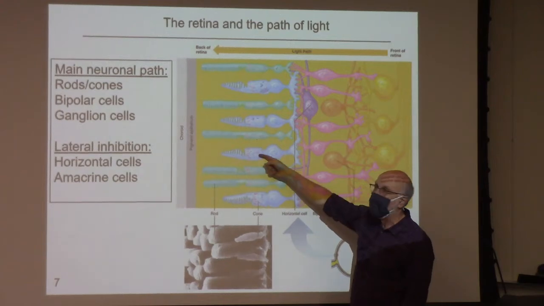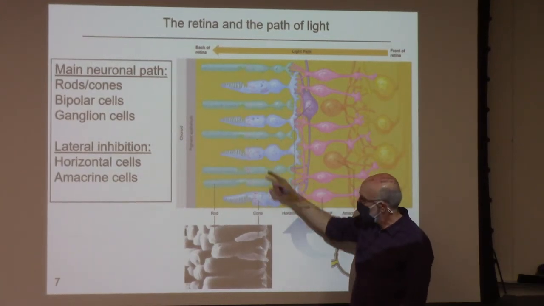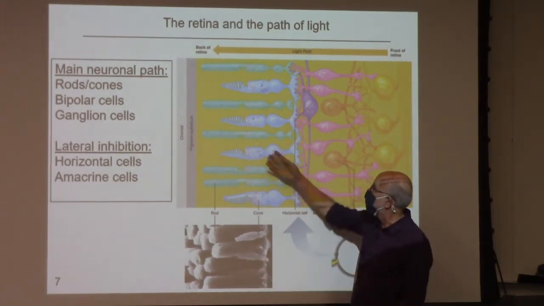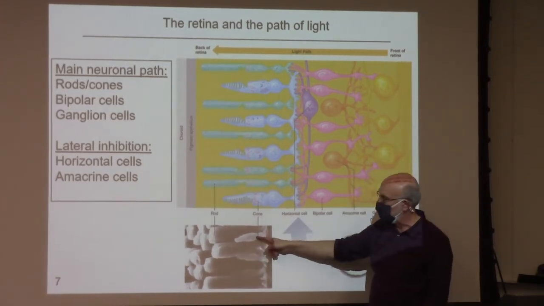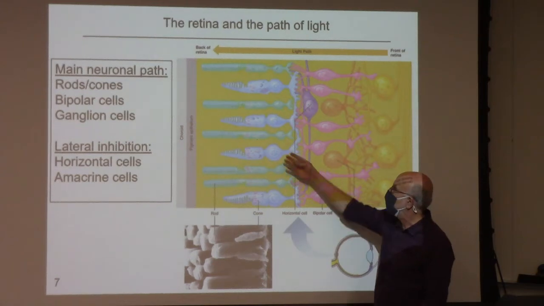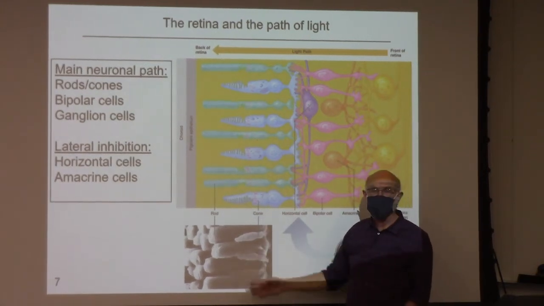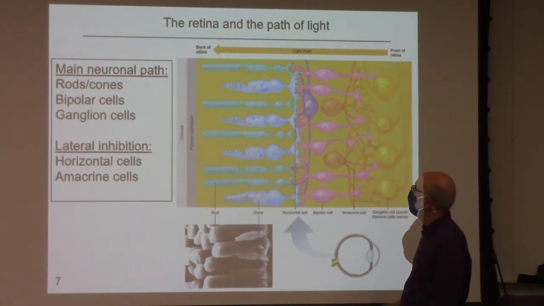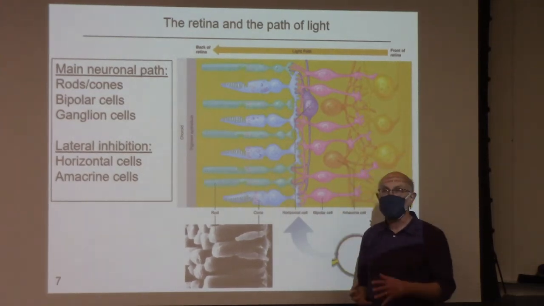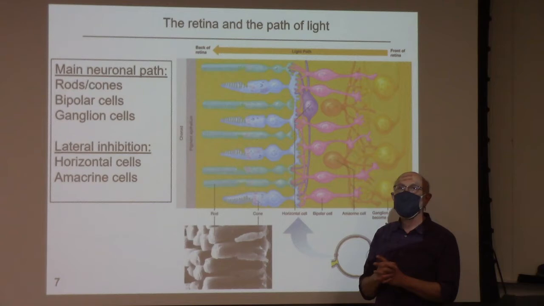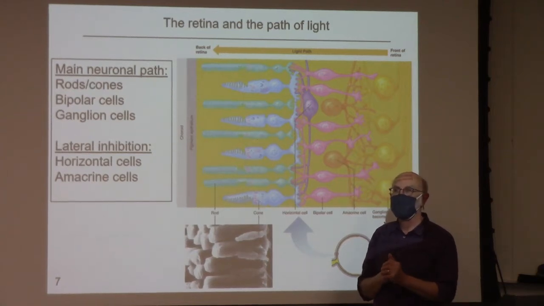Rods and cones. This is a cartoon, of course. This is an actual electron micrograph, rods and cones. So these cartoons come from something reality-based. The rods and the cones are going to transduce photons, light, into electrochemical signals.